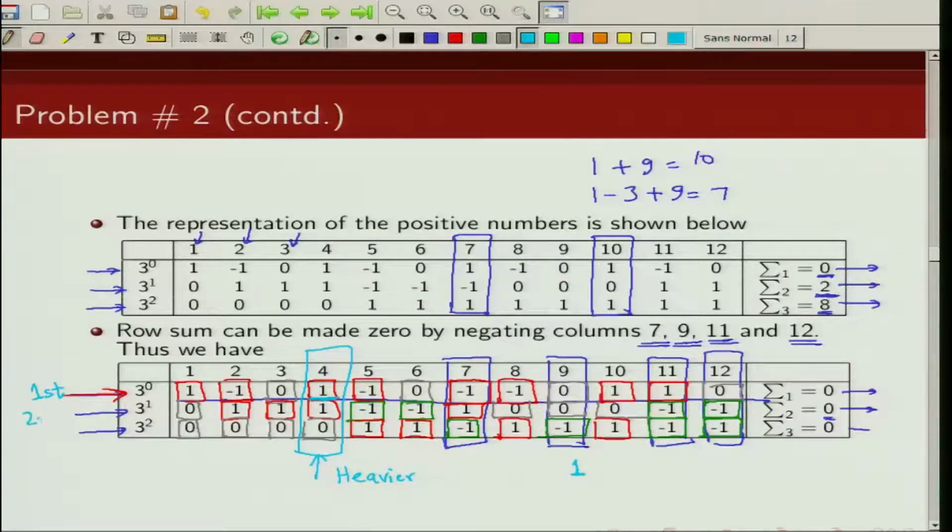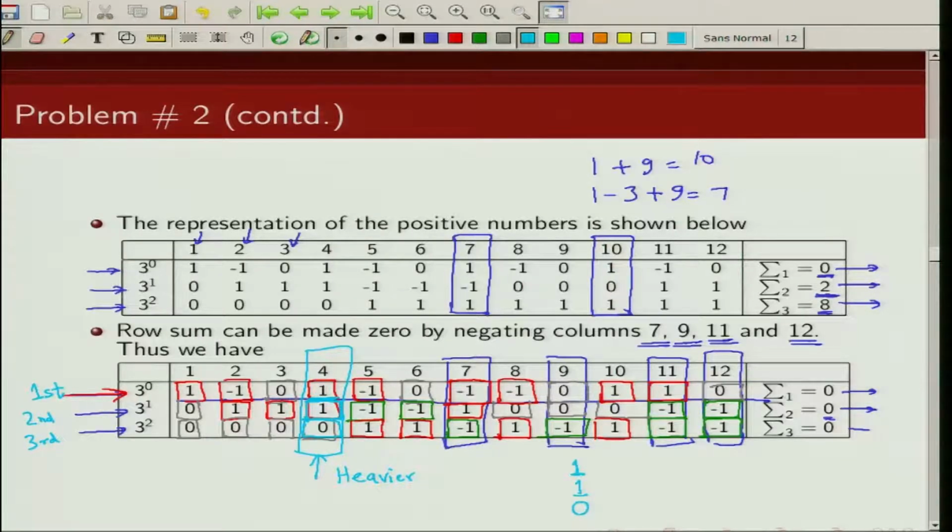Similarly, for the second weighing corresponding to this row, if you look at the fourth coin, this is 1. So we would have put this coin in the right pan, and then again the outcome of our weighing would have been 1. In the final weighing, corresponding to the third row, since this is 0, we wouldn't have put this coin in our weighing, so we would have observed that both left and right pan are of same weight.